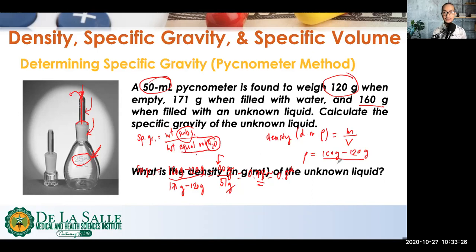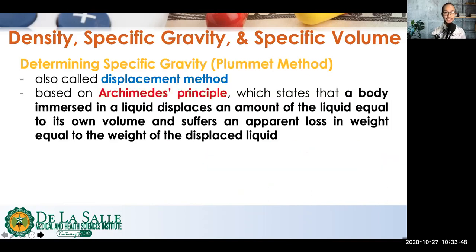So the volume of the substance is 50 milliliters, and this is equal to 0.8, which is numerically the same as its specific gravity, except that the density has a unit that is grams per ml. I hope that is clear because we will be moving on to the next.